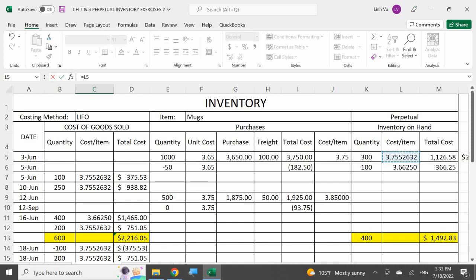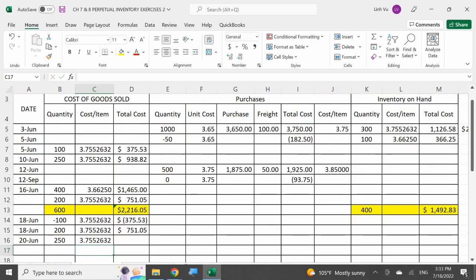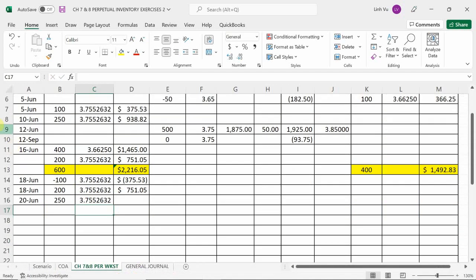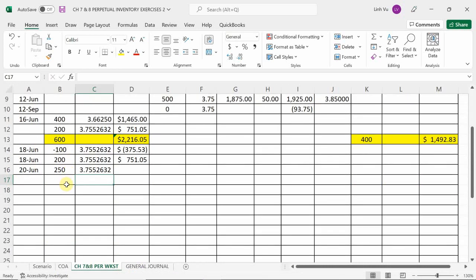Right? The only batch I technically have for regular coffee, which is my 300 batch at $3.755263.